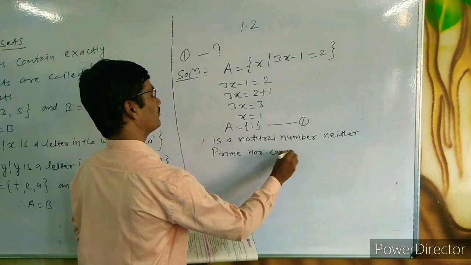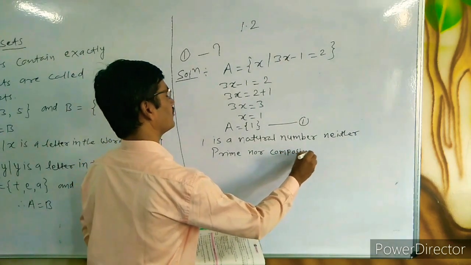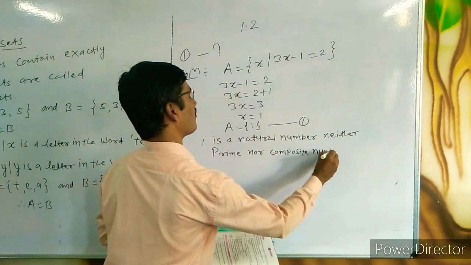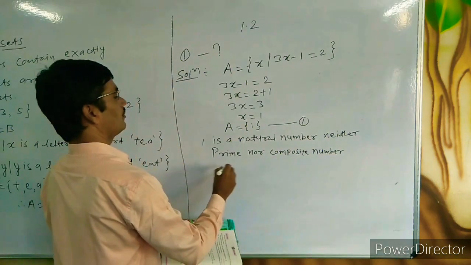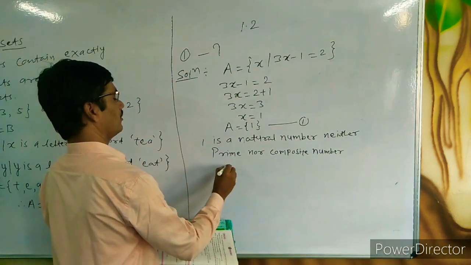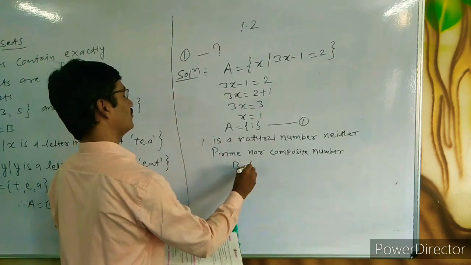Composite number. Therefore, B equal to {1}.